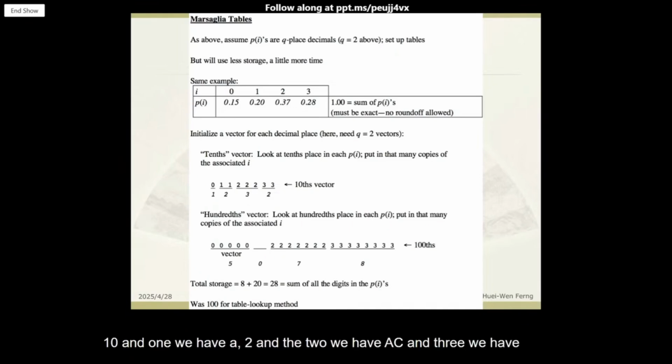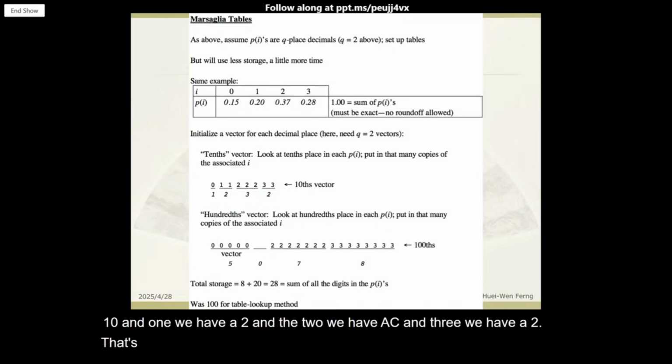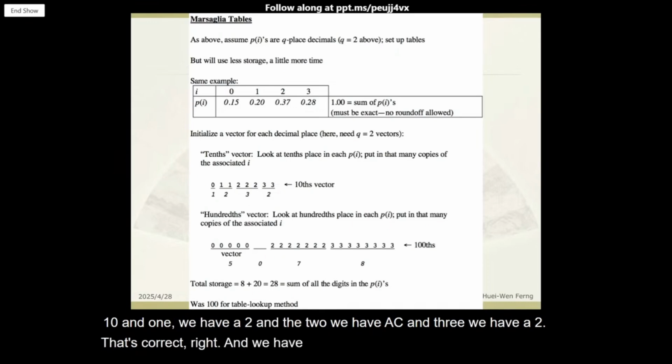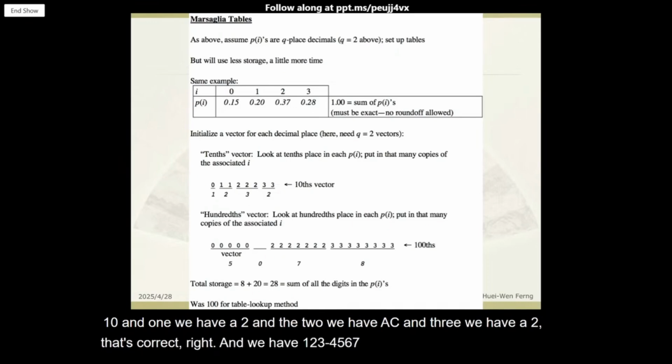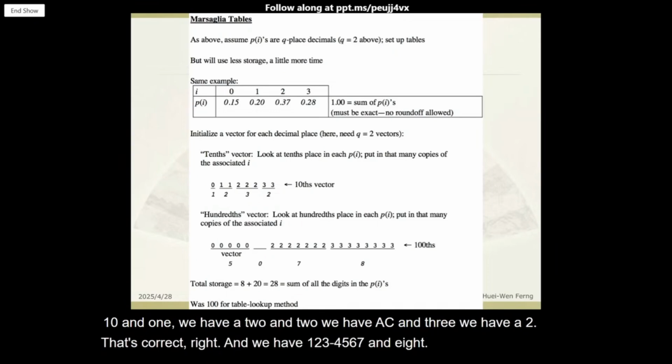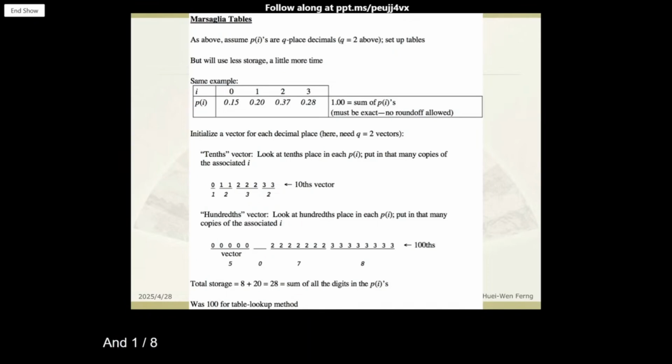That's correct, right? That gives 1, 2, 3, 4, 5, 6, 7, and 8 in total. So 1 over 8 is for 0, 2 over 8 is for 1, 3 over 8 is for 2, and 2 over 8 is for 3, right?